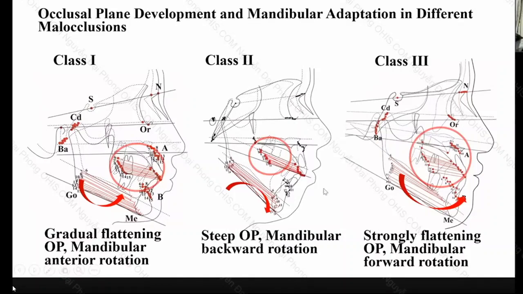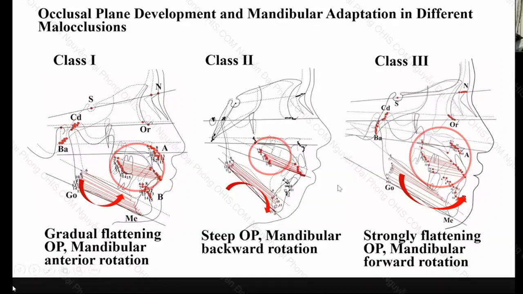Today, anyway, open bite and class 3. Because this is class 3 with too much increase in vertical dimension in the posterior part, the mandible adapts forward, but sometimes too much increase in vertical dimension opens the anterior bite a little bit. That's why many skeletal class 3 cases accompany open bite problems.